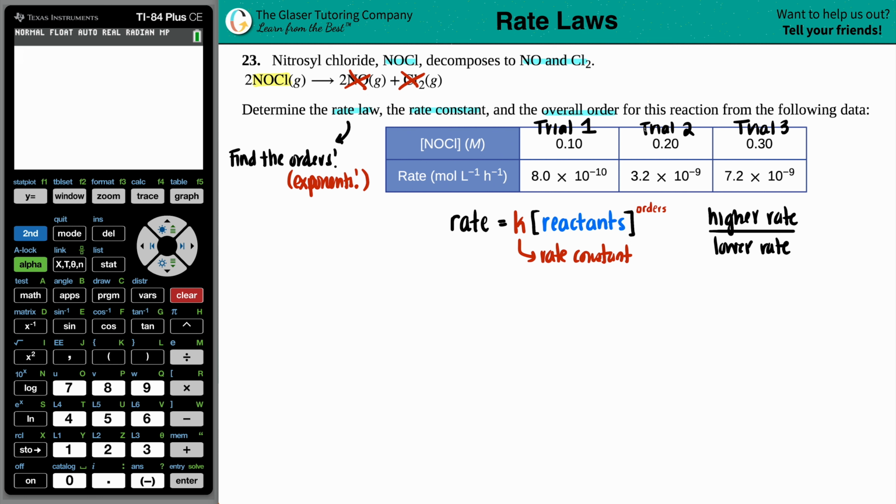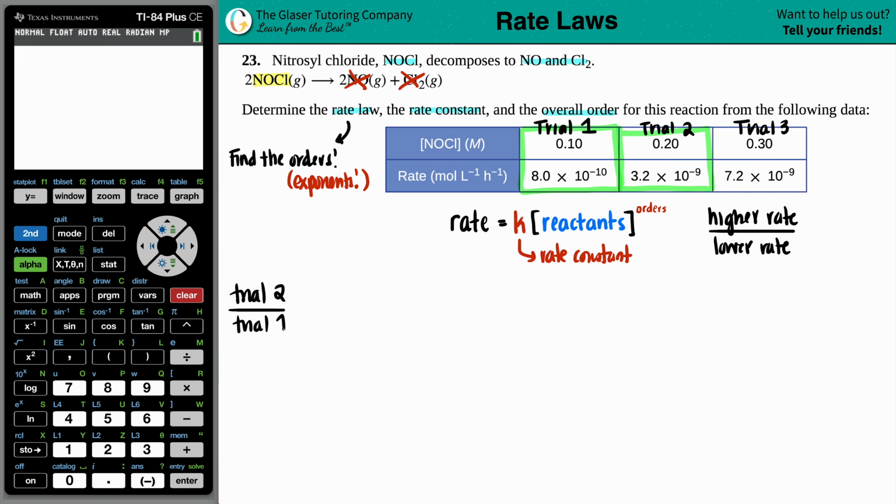So for this video, I'll put trial 2 over trial 1. So trial 2 divided by trial 1.